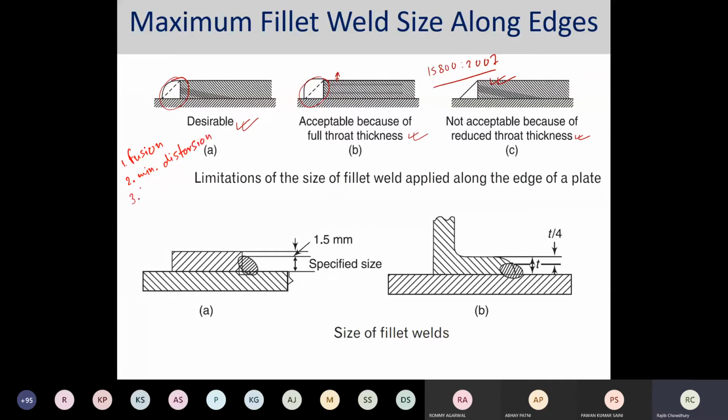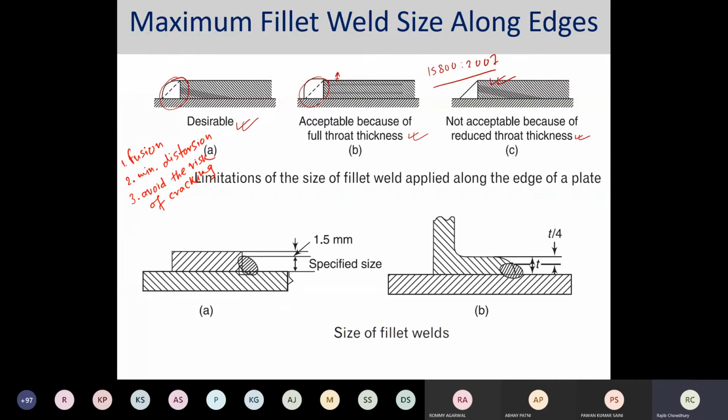And third one is to avoid the risk of cracking. So these are the three primary physical requirements for the minimum weld size. And it is also postulated in IS 800 2007 and IS 816, which provide the minimum weld size specifications.